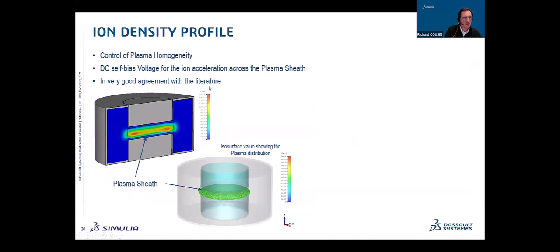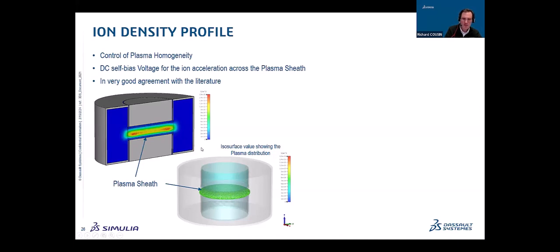Here we have a very good agreement with the literature. Especially, you can see how the plasma is formed in the corner of this reactor, and you can also nicely see how the sheath is automatically computed in the simulation. Here you have another view, which is the isosurface value, which also shows the plasma distribution.